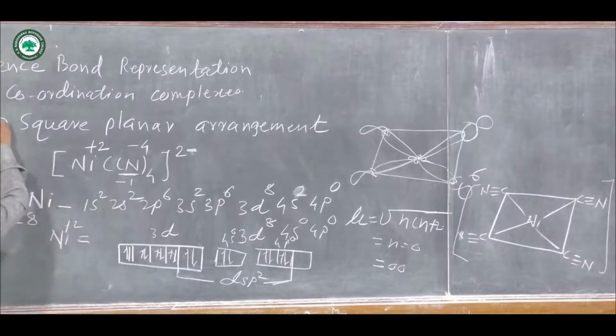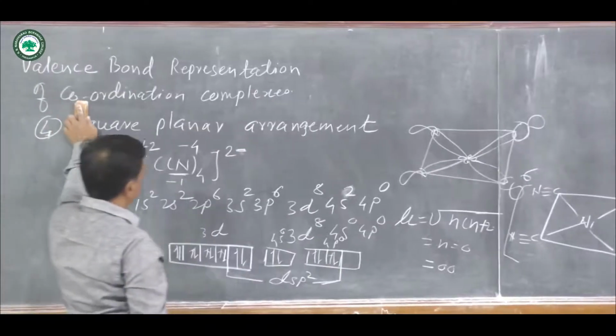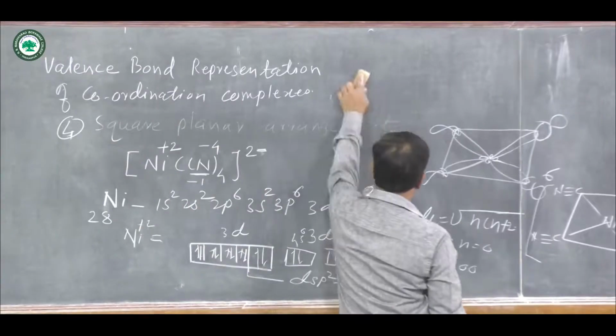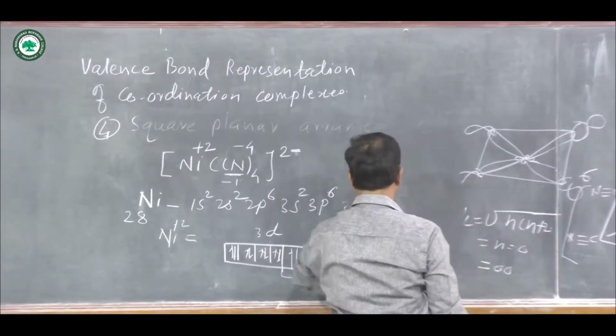Then example number 4 is the trigonal bipyramidal arrangement.